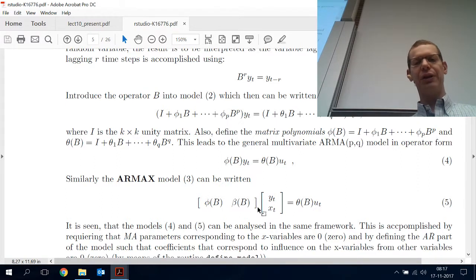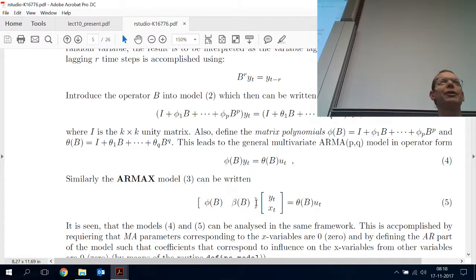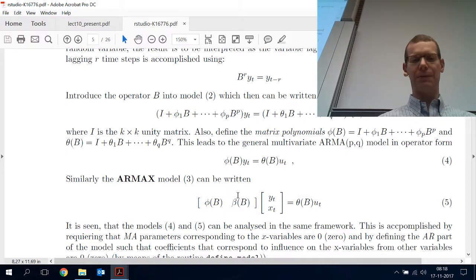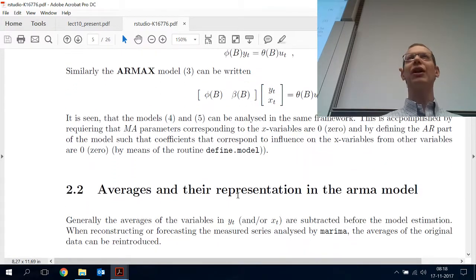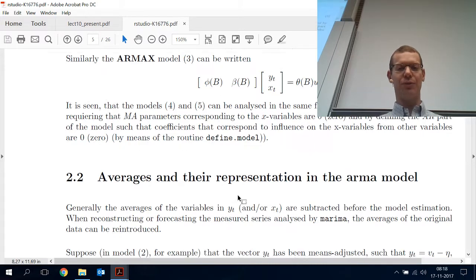Then this matrix here, what we want to multiply with, since we don't want to make a model for the input, for the regressors, in this case we still have 4 rows but have 7 columns. That's what we want to estimate. Does that make sense? I'll show you later how it works in practice, but that's how it's done. So we just extend the state with the extra variables, but we don't model them. We just use them.